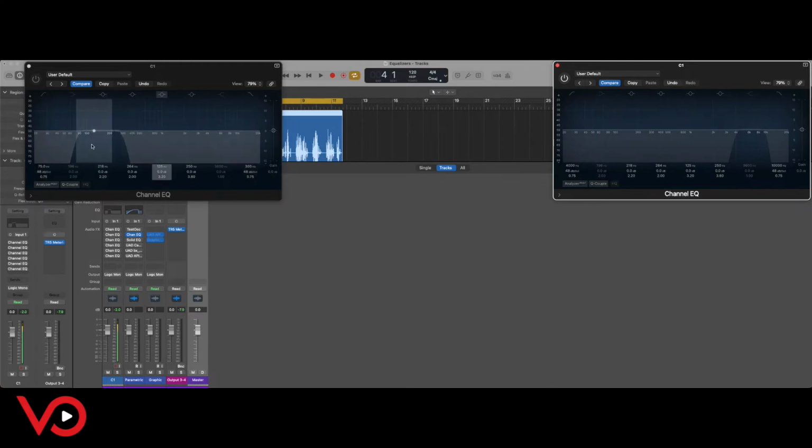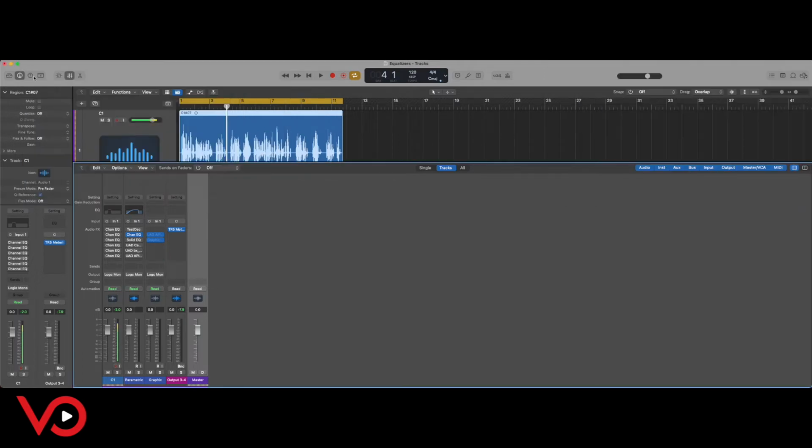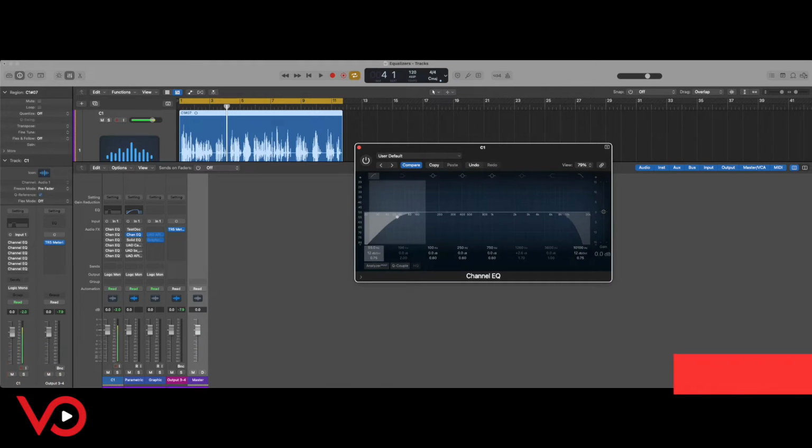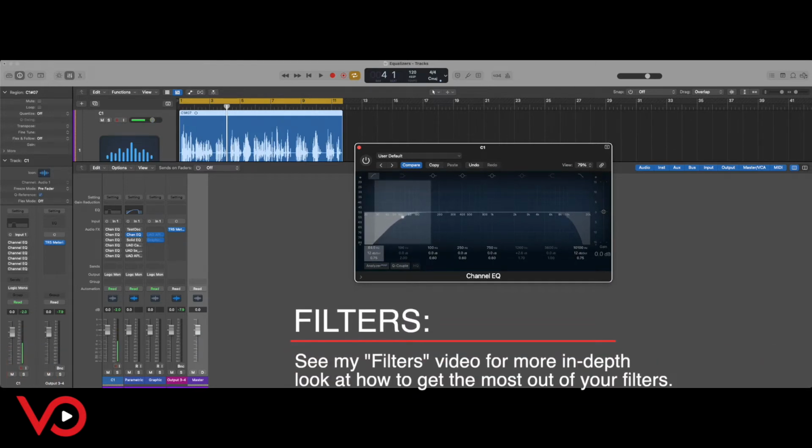So when we define the parameters with our filters, now it's a lot easier for us to know where to look when we're looking for those low frequencies or those high frequencies. So let's get started. With this EQ here, we're going to adjust this sound to sound better. Let's first listen to our filters. Let's set them to about 65 and a half at 12 dB per octave, and then set this to about 95 at 6 dB per octave.